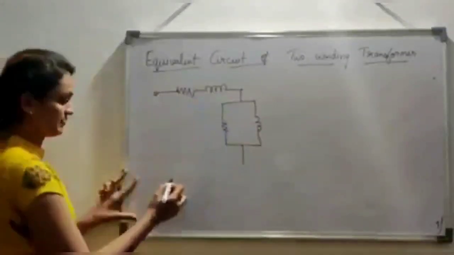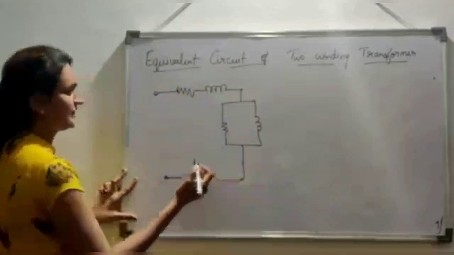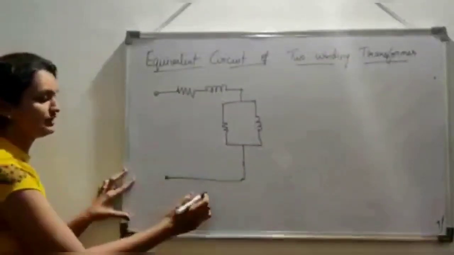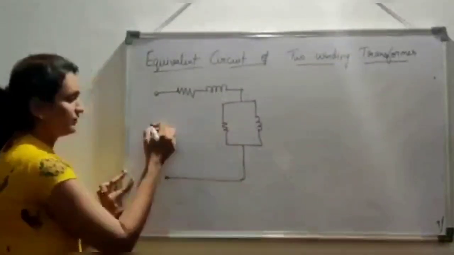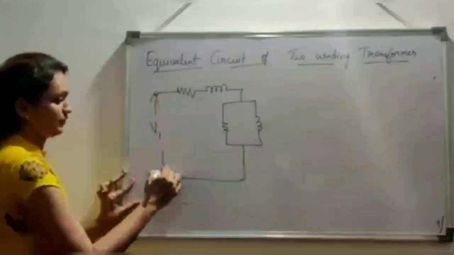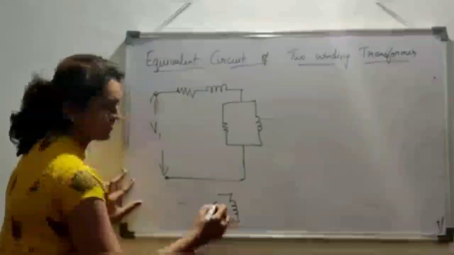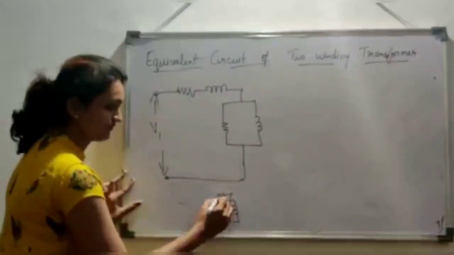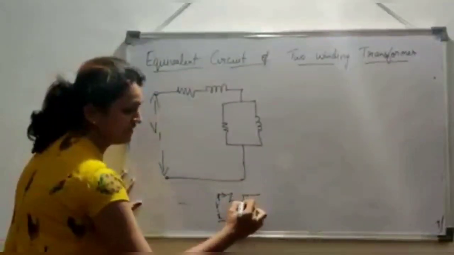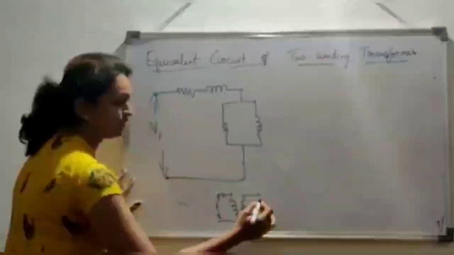This is the primary side. We know how we usually represent the two winding transformer. I'm going to represent the primary side in this way, and next you have the secondary side here with N2 number of turns.